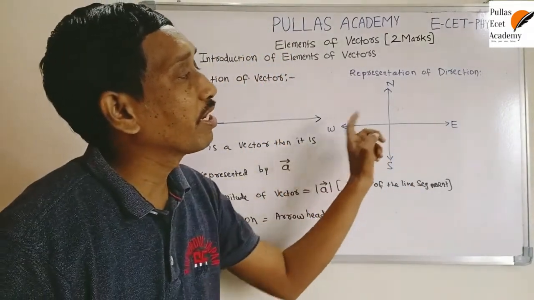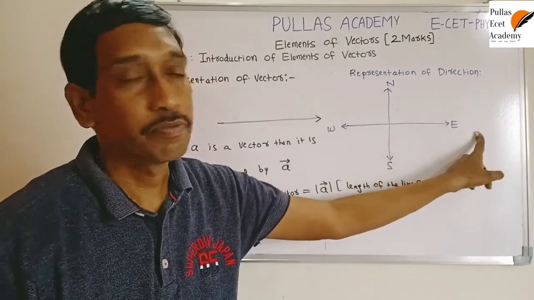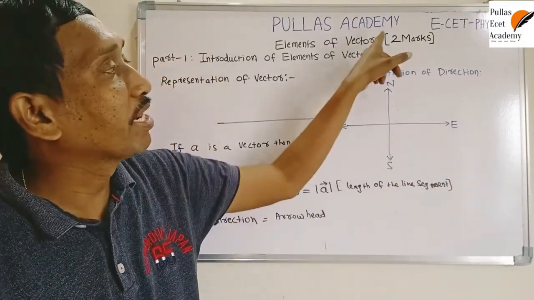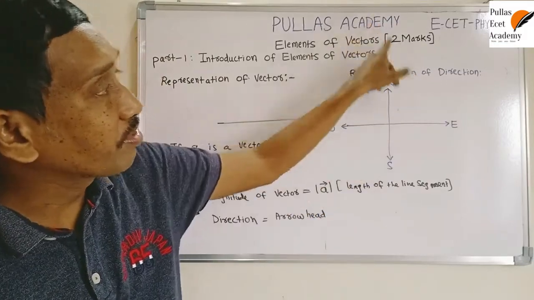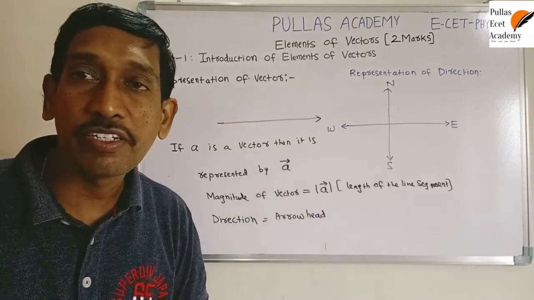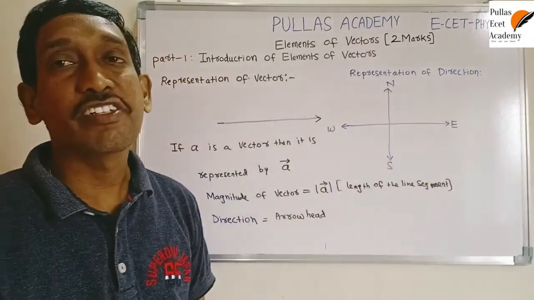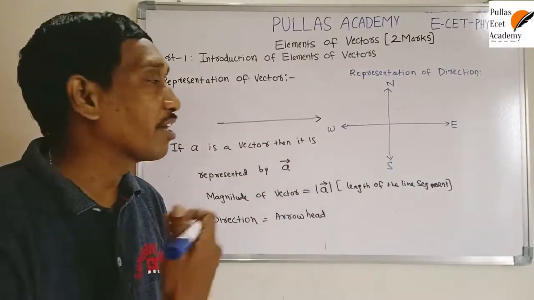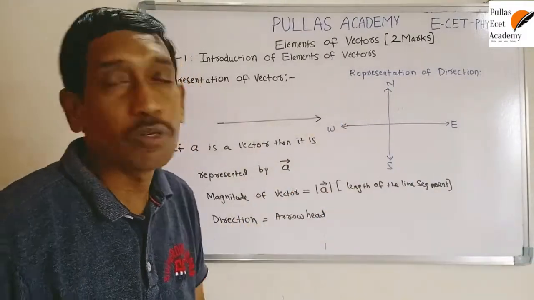If an object moves along this direction, that is east; moving in the opposite direction, it is moving west; moving upwards is the north direction; moving downwards is the south direction. Along the positive x-axis is the east direction, and along the negative x-axis is the west direction. And there are some more known directions here.